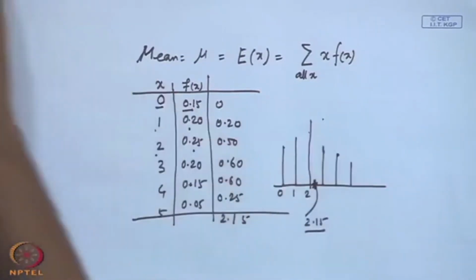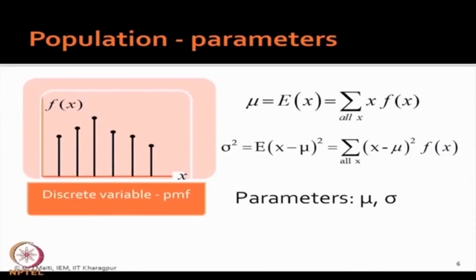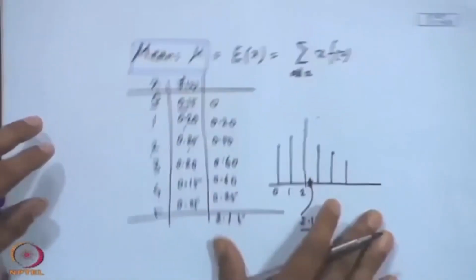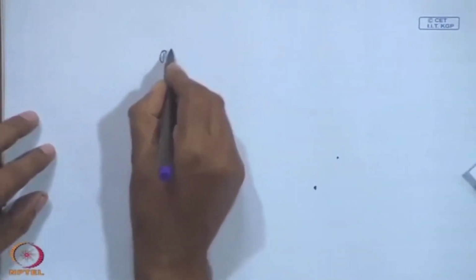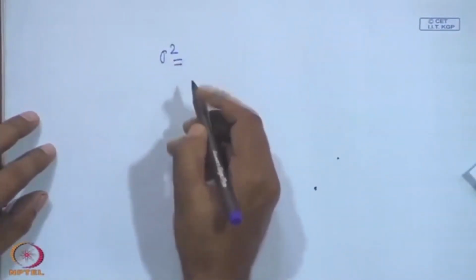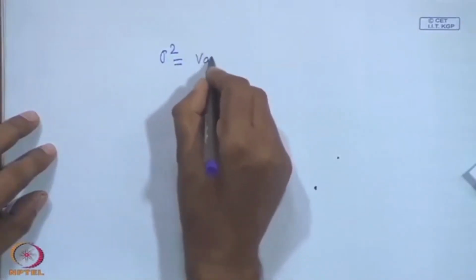This is what expectation is, but there is another measure. We have said mu, that is mean, and another measure is sigma square, that is the variance.